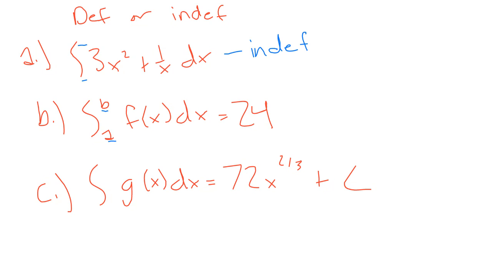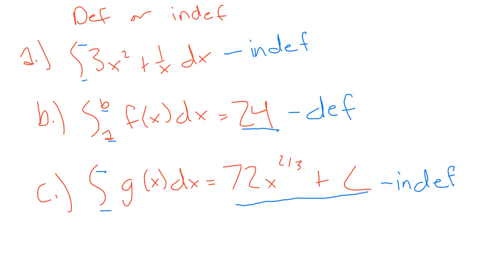And second, it produced a plain number, even if we don't know what that function is. So this is an example of a definite integral. And lastly, for C, we have no bounds, and this has also produced a function. We have a function of x, not just a plain constant number. So this is indefinite.